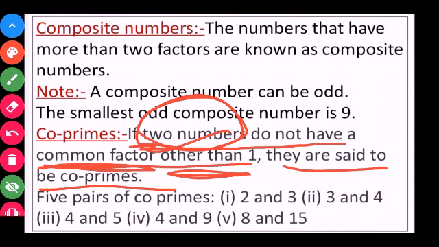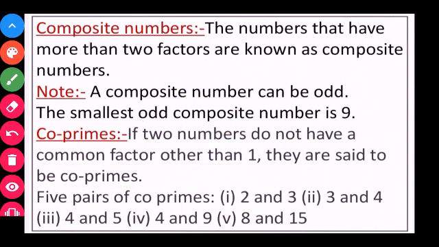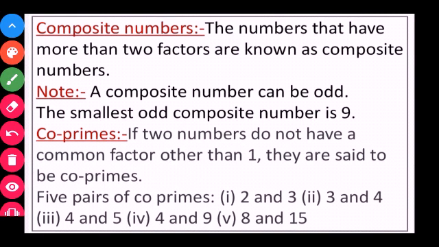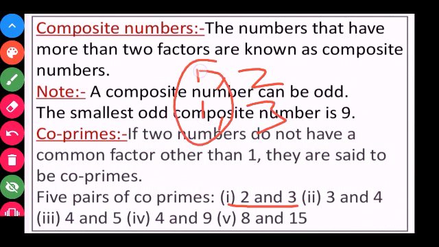Now an example of this, pairs of coprimes. 2 and 3: the factors of 2 are 1 and 2, the factors of 3 are 1 and 3, so they have only 1 in common.